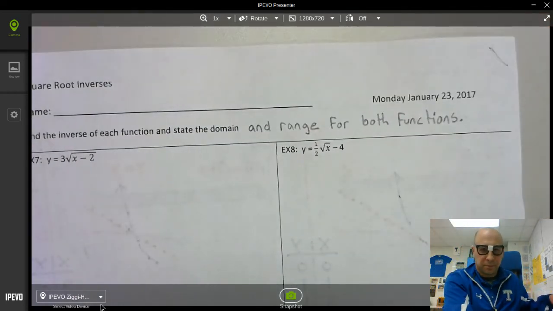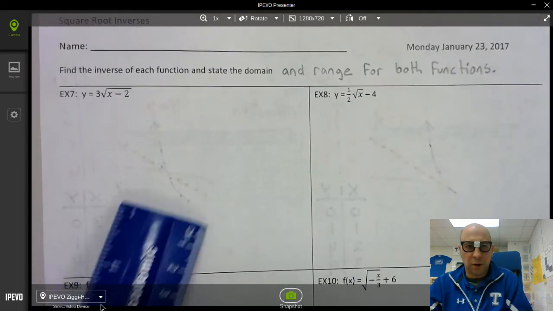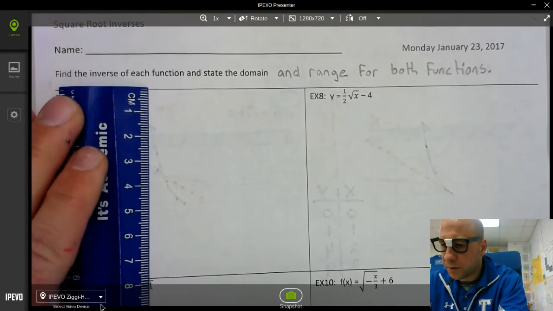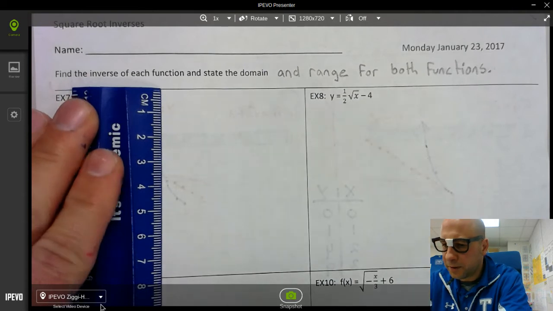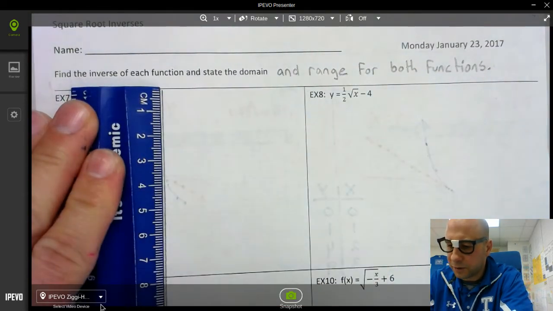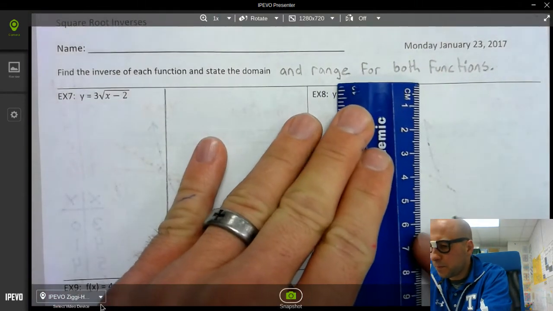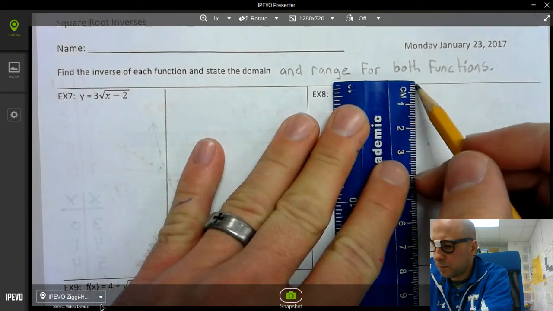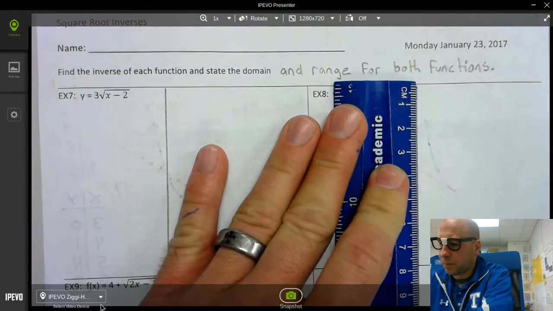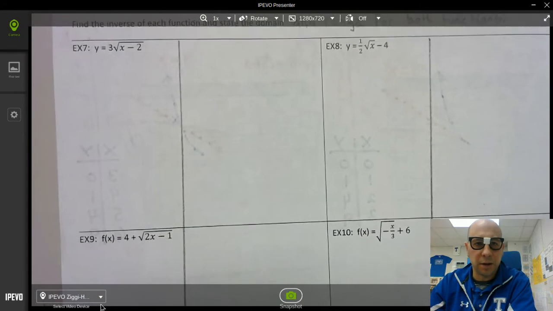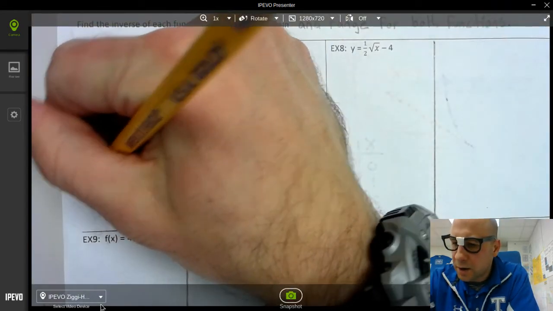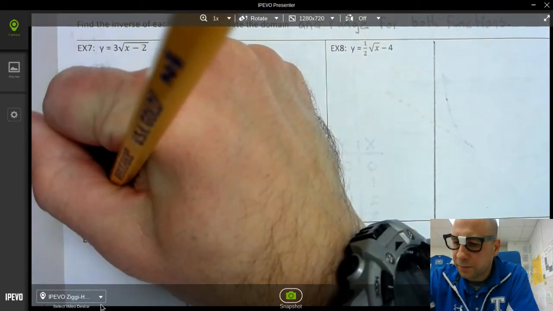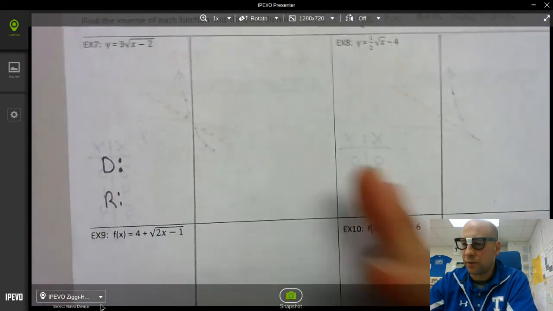So what I think you should do is kind of separate this by little boxes like this. And then on the left side, you're just going to write domain and range. Okay, and you're going to do that for each of these.